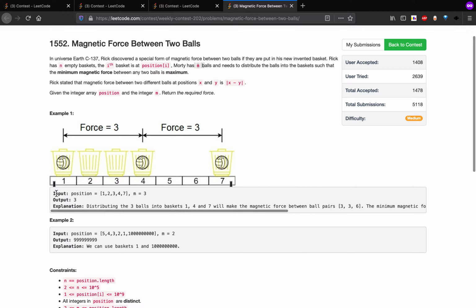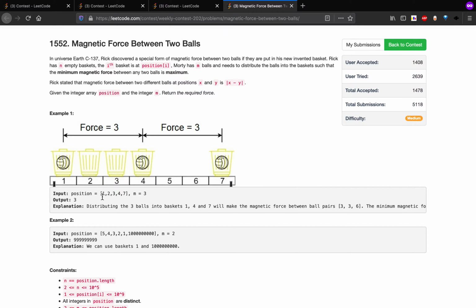For example, we are given the positions, let's say 1 2 3 4 and 7. We have to put all three balls on any of these positions, such that all three balls are placed.